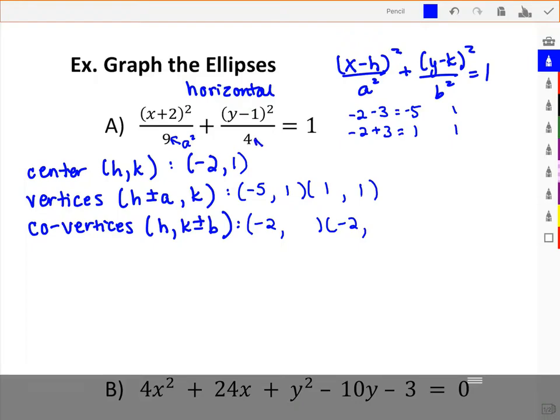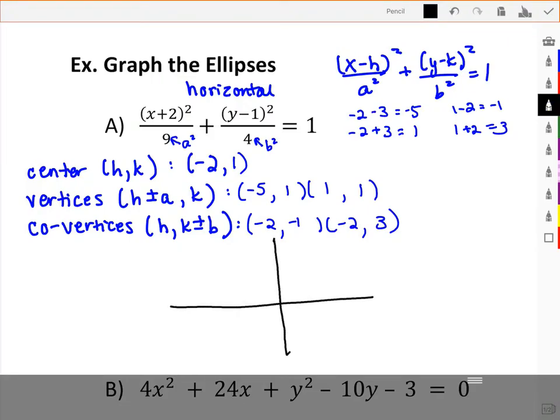The 4 there is our b squared. So we take the square root of that, which is 2, and we're going to subtract that from our k, and add that to our k. So 1 minus 2 is -1, and 1 plus 2 is 3. So -1 and 3. All right, so we are ready to graph this.